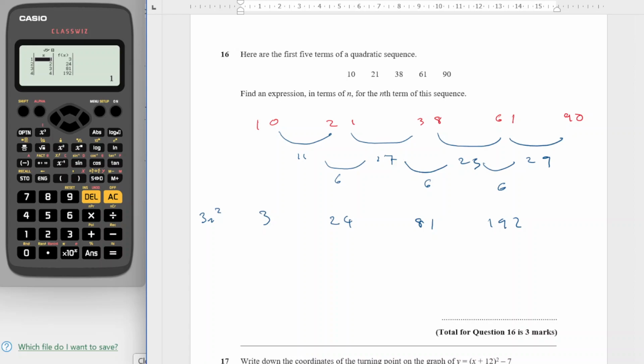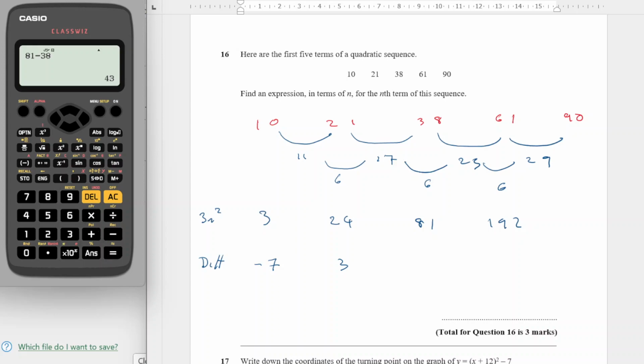I then need to look at the difference. So the difference is this one take away this one. So we've got a difference of minus 7 there, minus 3 there. Sorry, not minus 3, difference of 3 there. We've got a difference of 81 minus 38.